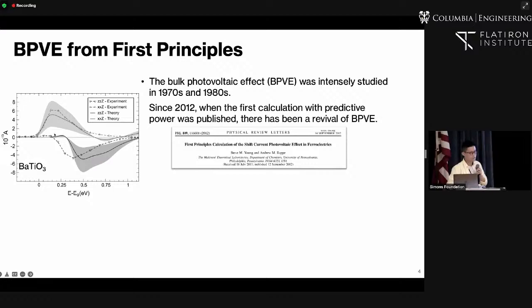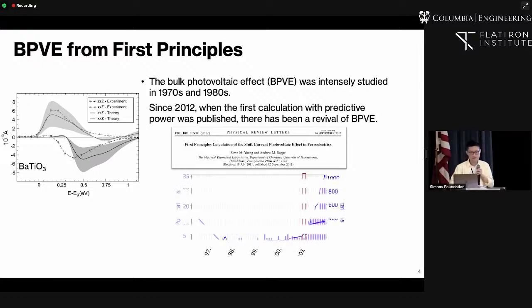You can see that within some error bar, so these shaded areas are error bars when considering some uncertainty in the sample dimension and these experimental parameters, we can reach very satisfying agreement between the theory and the experiments. That really got people excited in this area.